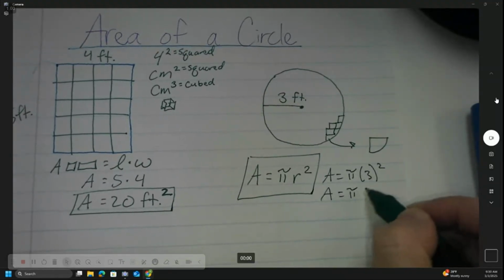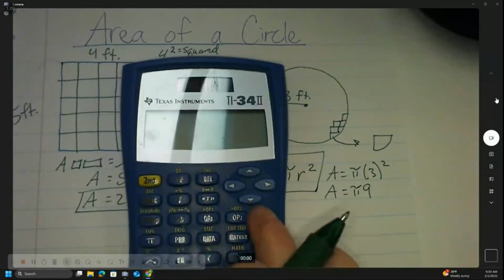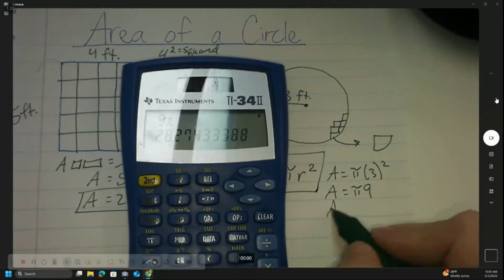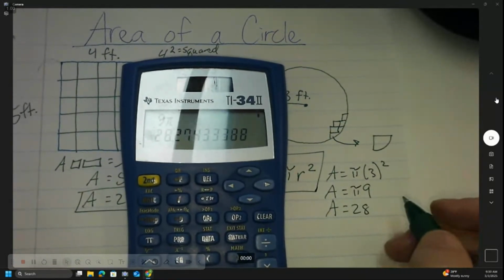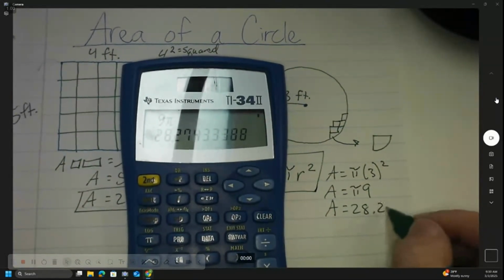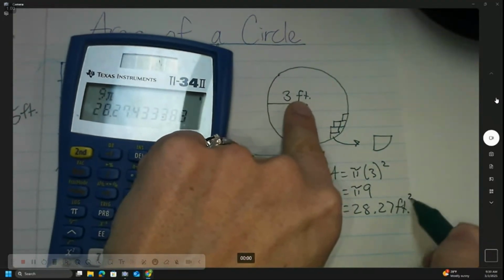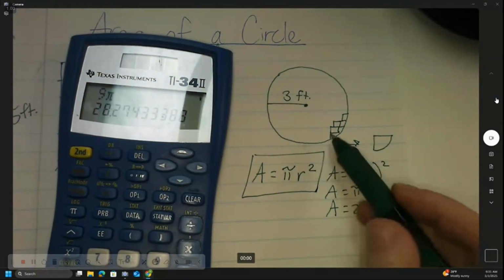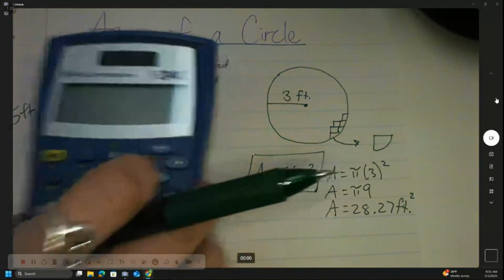So now you have pi times 9, because 3 squared is 9. And then, remember, I'm allowing you to use calculators on this. 9 times pi, you might need to round to the nearest hundredths place, which is that 7. That 4 leaves that 7. 28.27 feet squared. Okay, so we need actually 27 hundredths of a square to finish off those pieces.